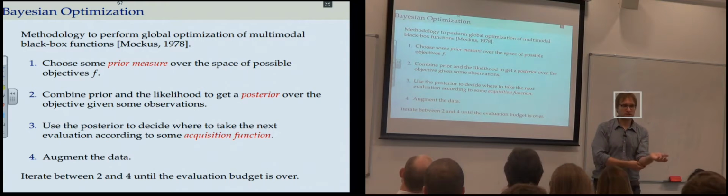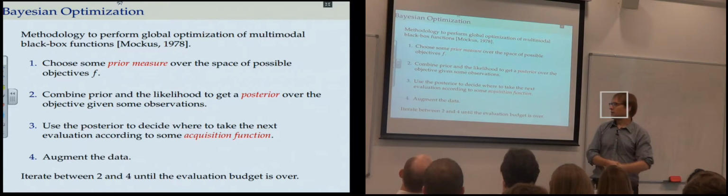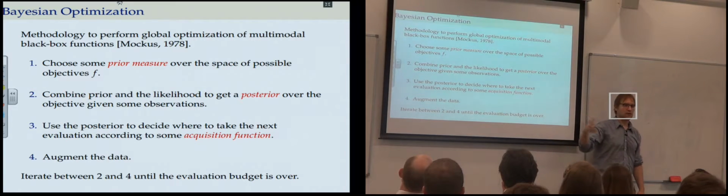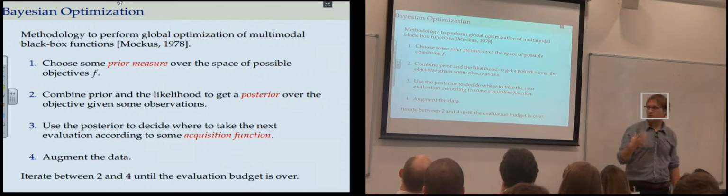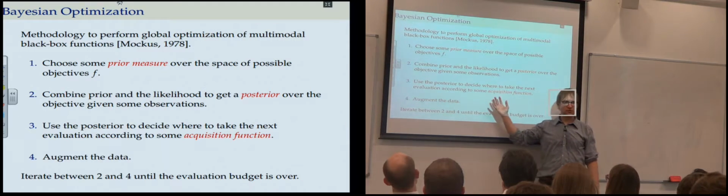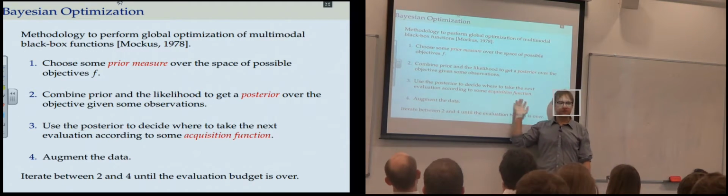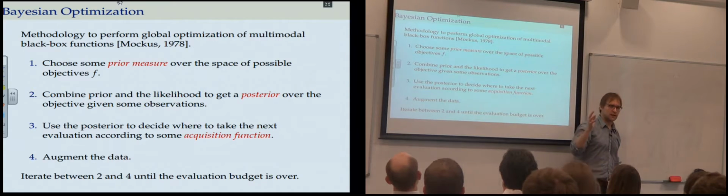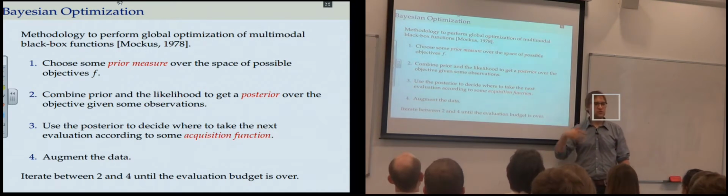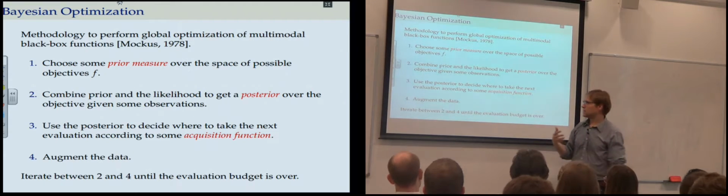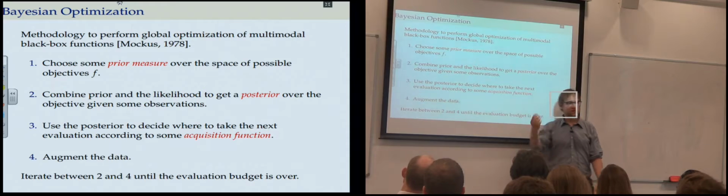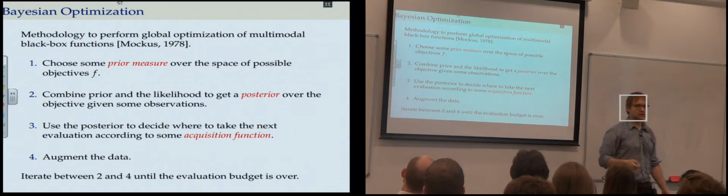You combine that with the likelihood, and then you use the posterior distribution to decide where to evaluate the function next, right? The way you decide where to evaluate the function next is through something that is called an acquisition function. In the literature, some people call it loss function, utility function; there are many names for that. But in this presentation, I will simply use acquisition function to decide where I'm going to take my next evaluation.